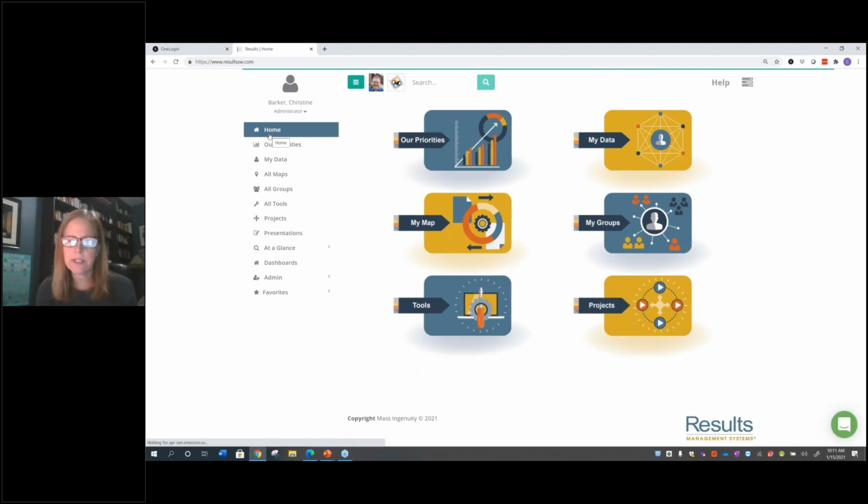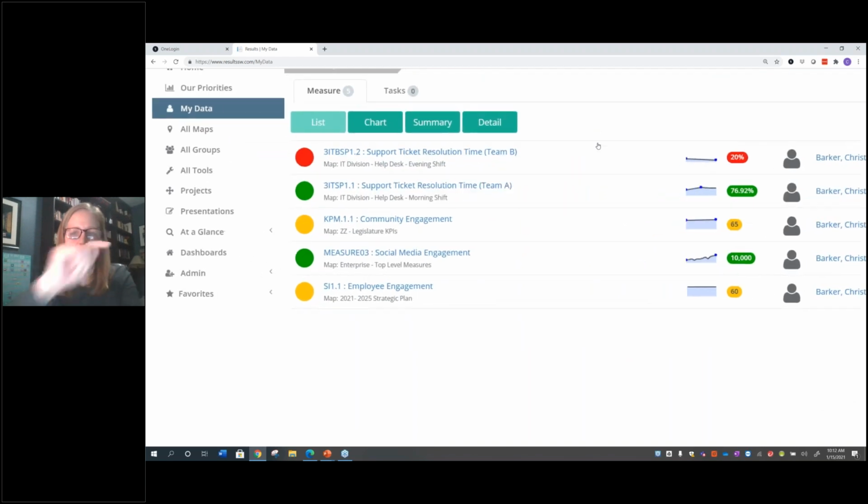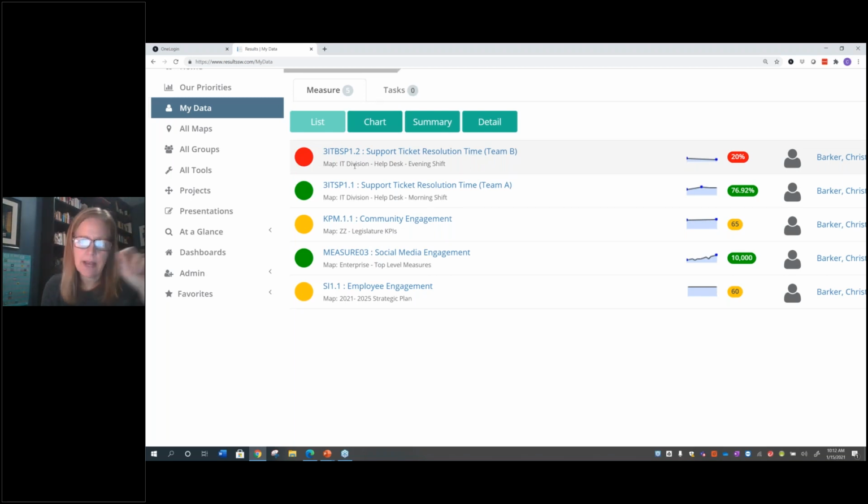Okay, so now when I go to my data, I am a measure owner and I own measures. I'm going to show you that I have a list, and I own measures off of basically 5 different maps. Because I was intentional on my naming, IT division, help desk, evening shift, when I'm looking at my measures, if by chance measure names are similar, having that extra marker to anchor that measure is helpful.